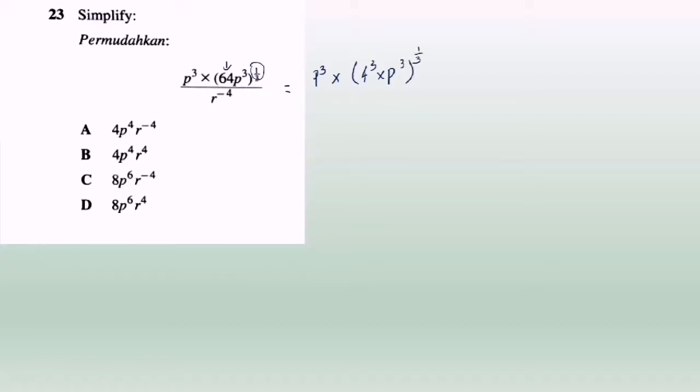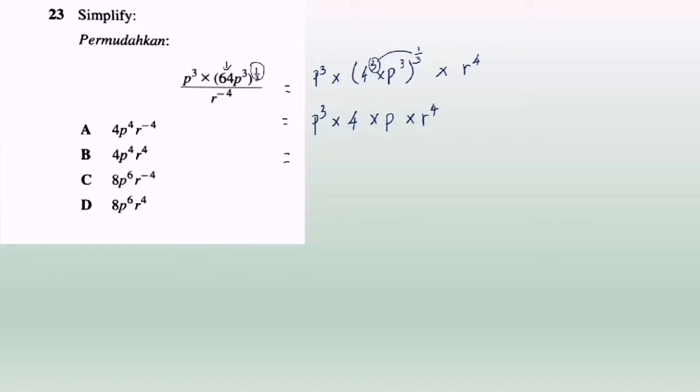And I change this one, divide become multiply. So r become r power of 4. P power of 3 times 3 times 1 over 3 equals 1. So 4 power of 1, I just write 4 times 3 times 1 over 3 equals 1. So P power of 1, I write P times r power of 4.